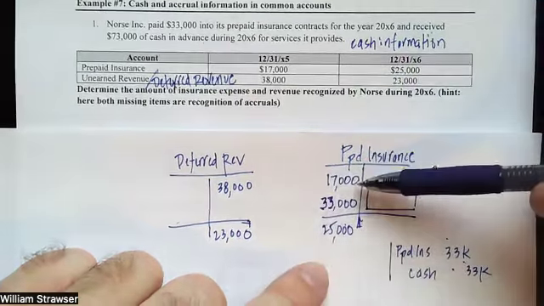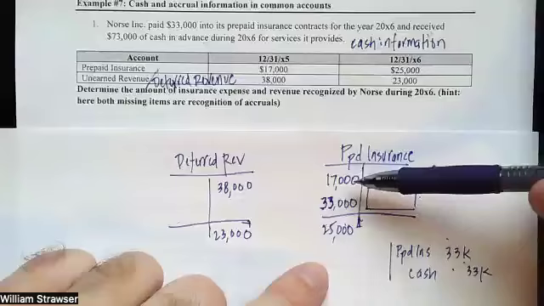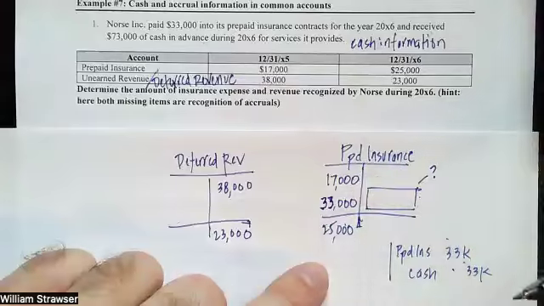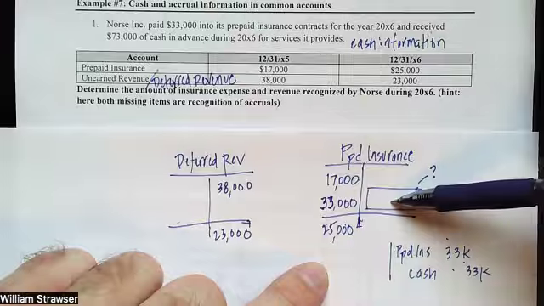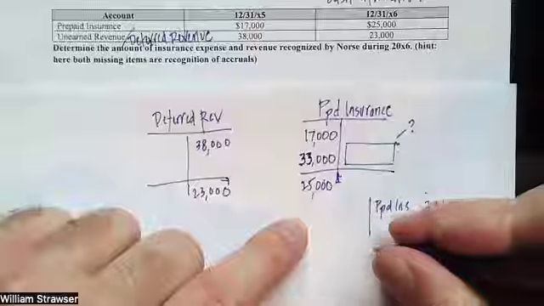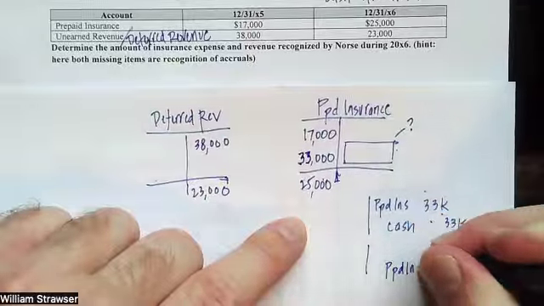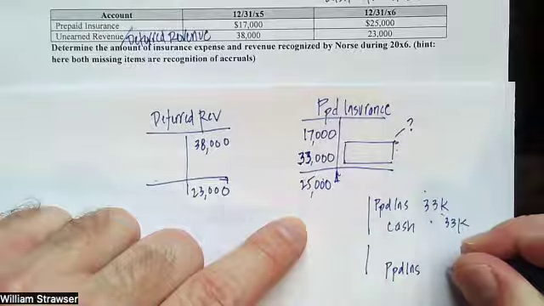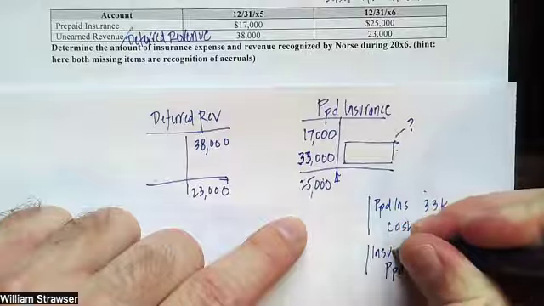We started with 17 and we paid 33, but this is a prepaid insurance contract, and months have passed. That means we've used up some of this contract, which means we need to credit out the portions we've used. And when we use that contract and credit our prepaid accounts, we recognize expense.